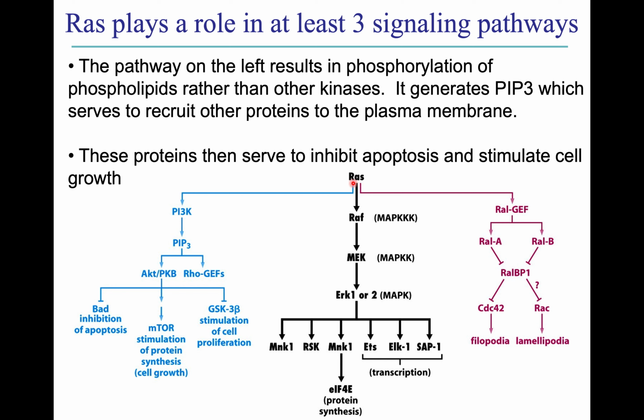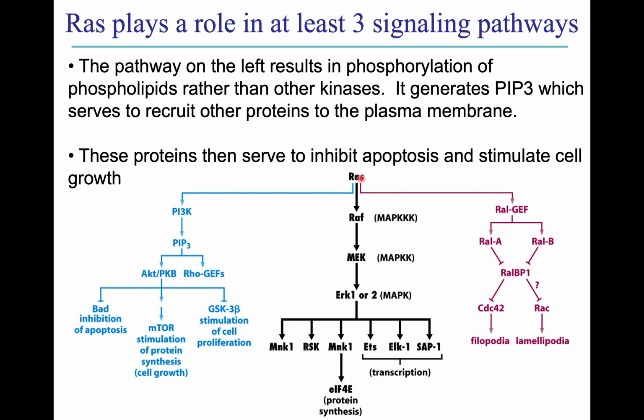So we focused on this central pathway here, with our RAF and MEK, etc., leading to production of cyclin and CDK. But there's another branch over here that RAS can activate that's going to lead to rearrangements in the actin microfilaments that are going to help drive cell movement. And of course, cell movement and migration is a common hallmark of cancer cells.